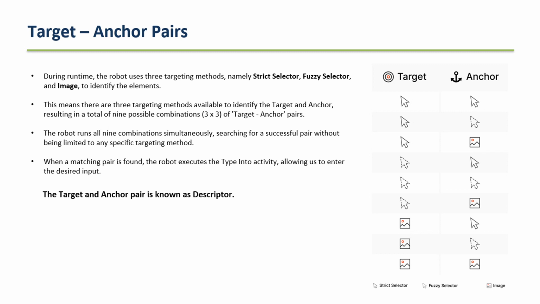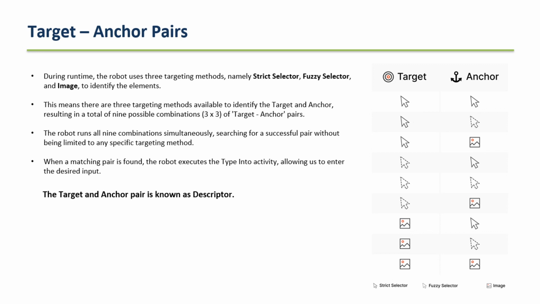The target and the anchor can both be identified by the strict selector. The target can be identified by the strict selector and the anchor by the fuzzy selector. The target can be strict selector, the anchor can be image, right? Similarly, the target can be a fuzzy selector and the anchor also can be a fuzzy selector, right? Meaning that you have a total of 3 into 3, which is 9 combinations of target anchor pairs.